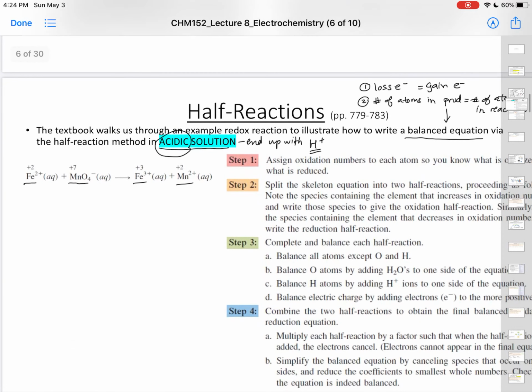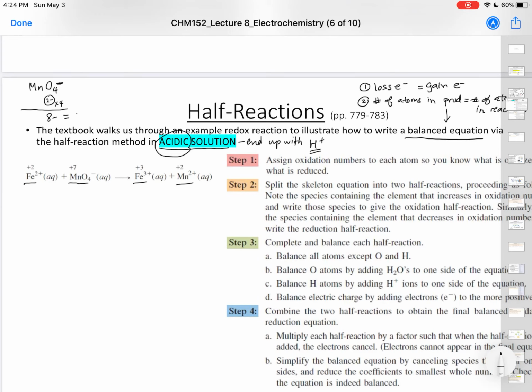So we are looking at a polyatomic ion, right? MnO4 minus. Let's do it really quick on the side here. Remember, oxygen, each one is 2 minus, and there are 4 of them. So really, we have 8 minus. And you have an overall charge of minus.